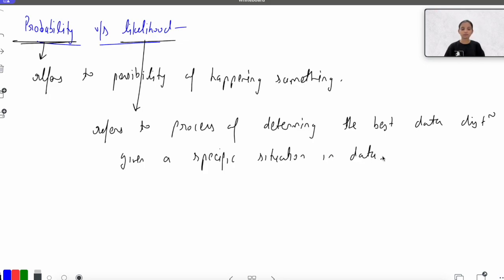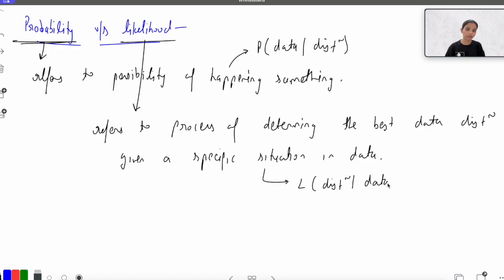In simple terms, with probability you are finding the probability corresponding to some data, given that you know the distribution, and with likelihood you are calculating the likelihood corresponding to some distribution, given that you know the data. Basically you are finding the best data distribution under the given data information.